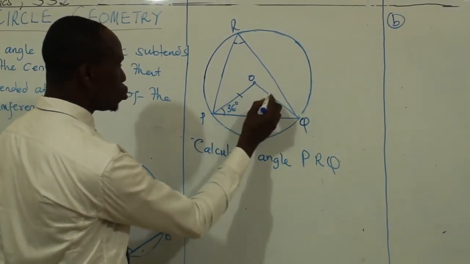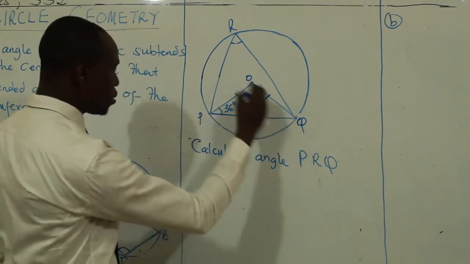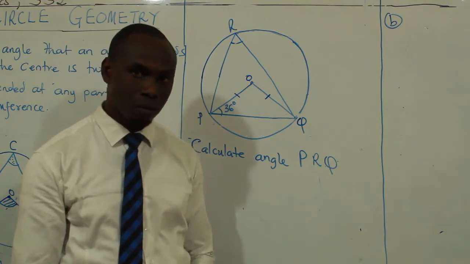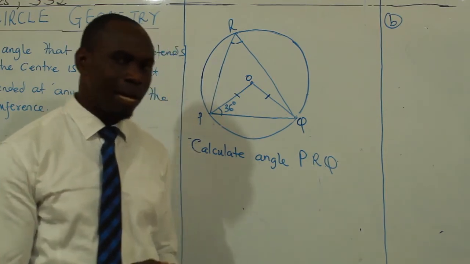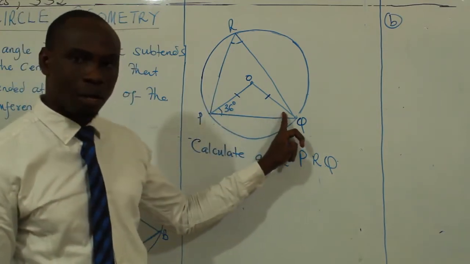For these two lengths to be equal, it means that the first triangle I have here is an isosceles triangle. And what property of an isosceles triangle do I know? I know that the base angles of an isosceles triangle are equal.